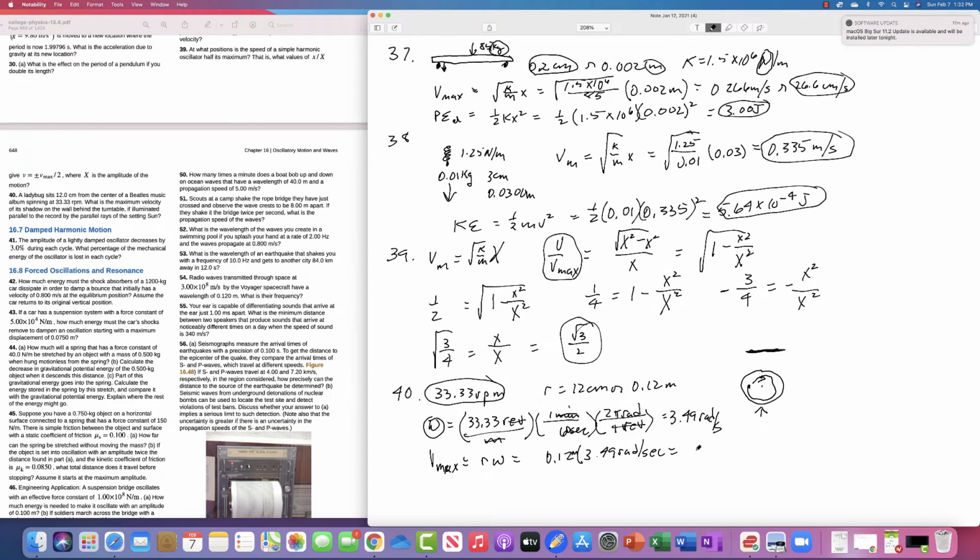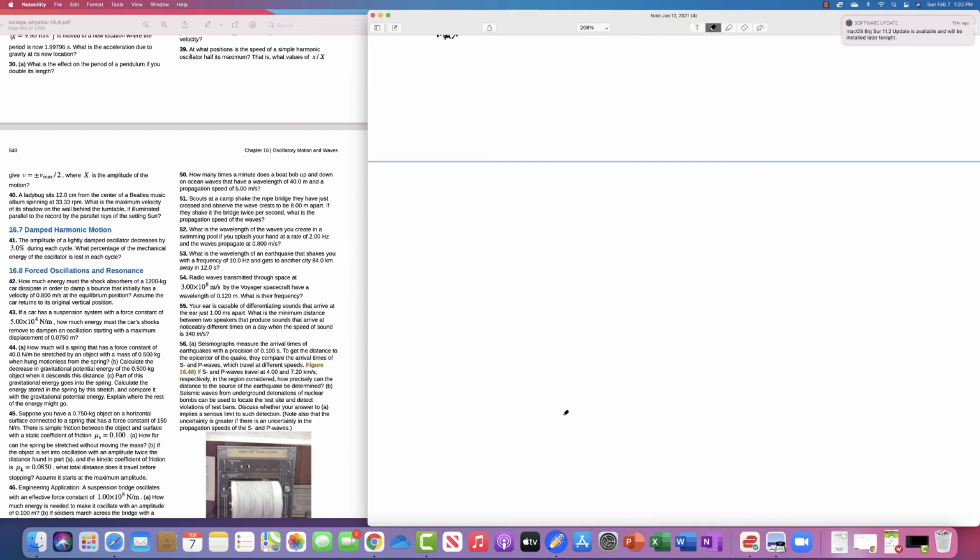And you end up with 0.42 meters per second as the maximum linear velocity here. It's the point where it occurs, and at that point it's equal to the linear velocity of this angular velocity. Okay, so that's number 40.